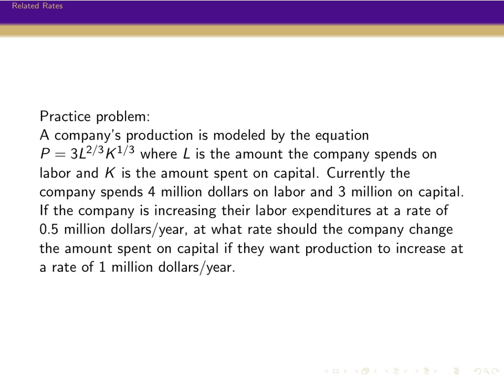Currently, the company spends $4 million on labor and $3 million on capital. If the company is increasing their labor expenditures at a rate of $500,000 per year, at what rate should the company change the amount spent on capital if they want production to increase at a rate of $1 million per year? So in this one, you're trying to find the rate of change of K, capital.